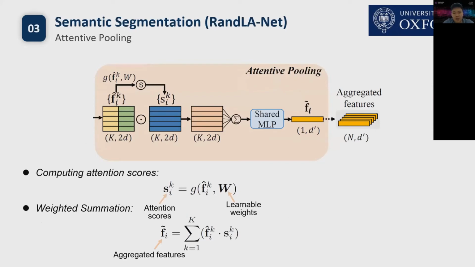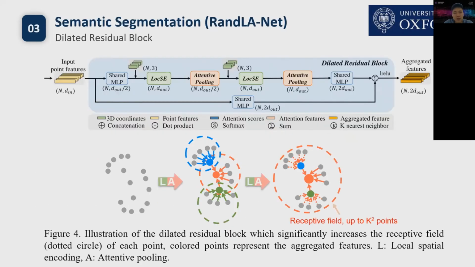And then we use attentive pooling instead of max pooling or average pooling, which is widely used in the computer vision area, because we think that attentive pooling can let the network automatically learn the important features, instead of max pooling, where the majority of the information has been discarded.